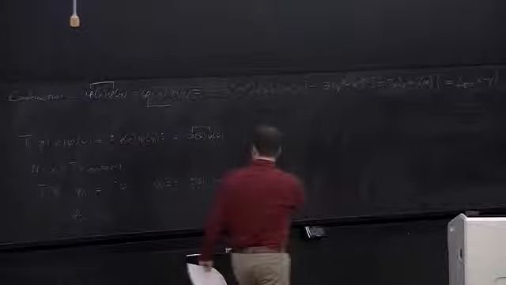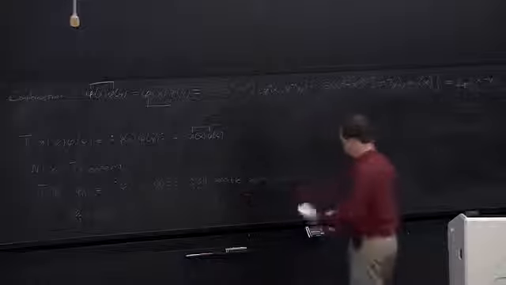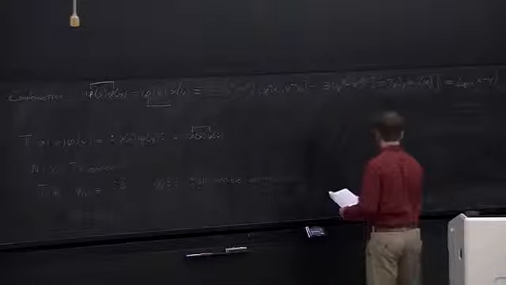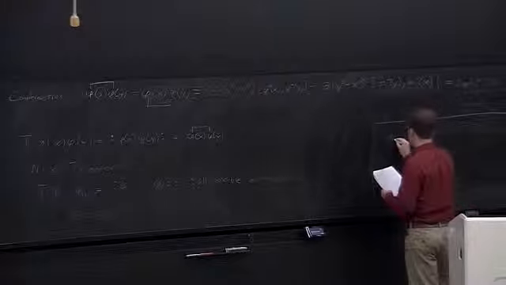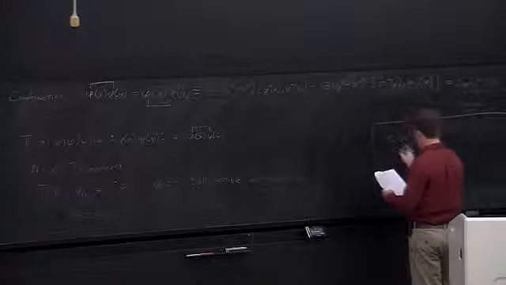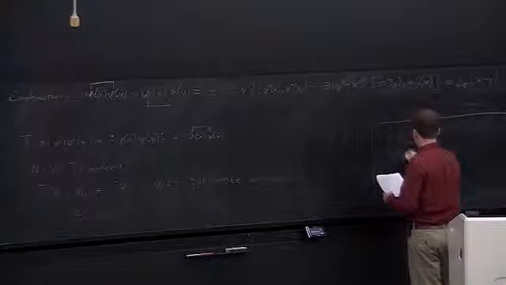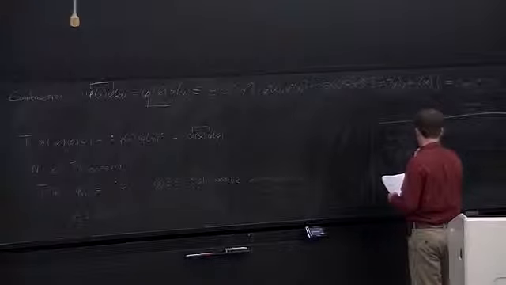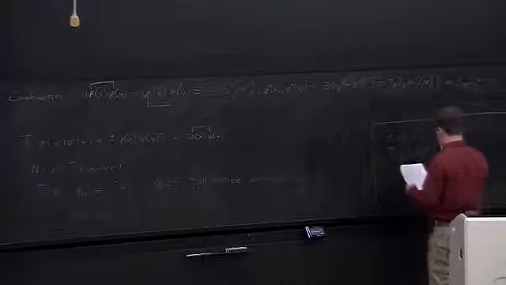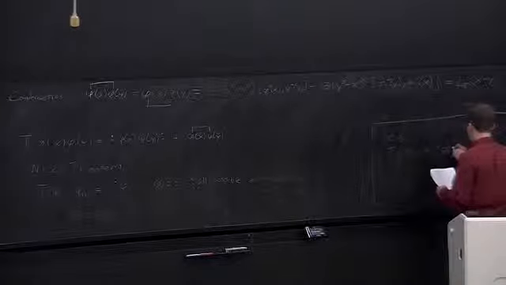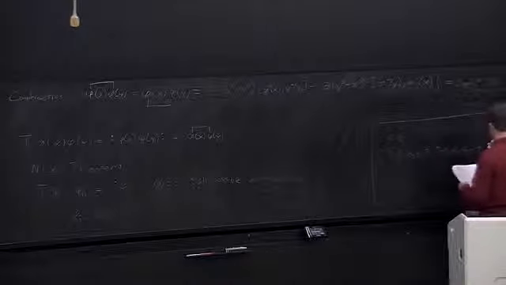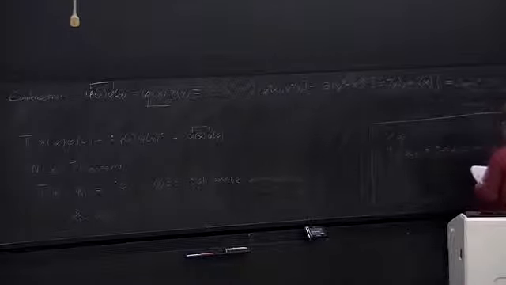And so what does this mean? All possible contractions. So for example, we have 3 fields. Wick's theorem would say that the time-ordered product is the normal ordered product plus all possible contractions, and there are 3 of them.